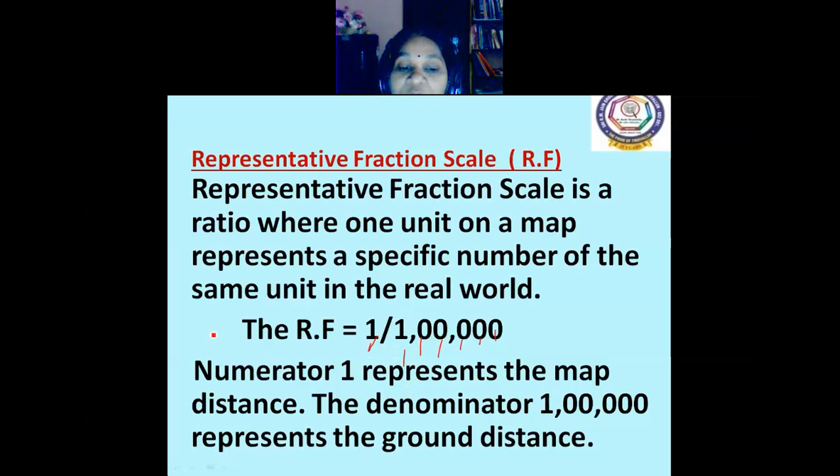In the map they will show only 1 centimeter. But this denominator 1 lakh represents the ground distance. If it is 1 lakh kilometers of distance, in this map it shows only 1. Okay.